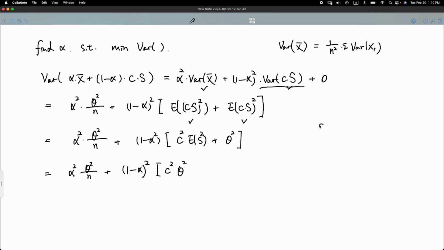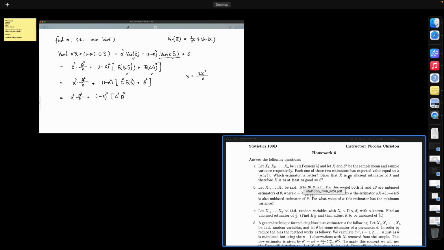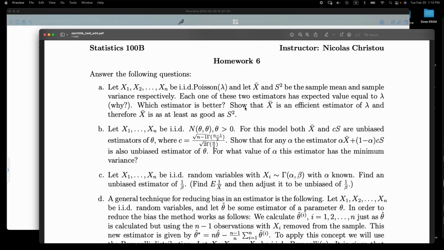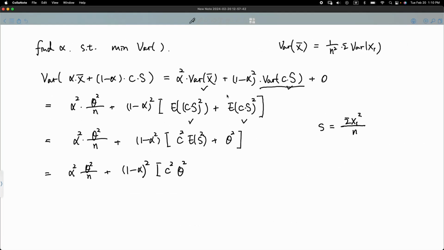So how do you define S here? Summation of Si square over n or n minus 1? Because when I was reading this question, it does not say anything about S. So yeah, just in your handout, how is this S? Is this how S is defined?